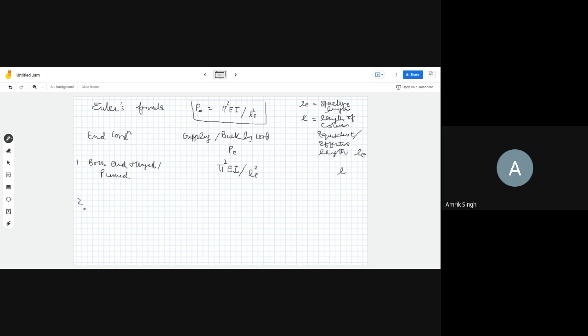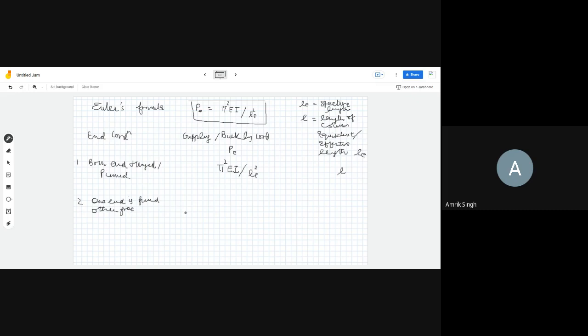In the second condition, one end is fixed, other free.